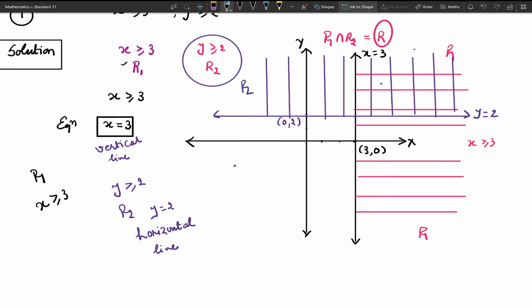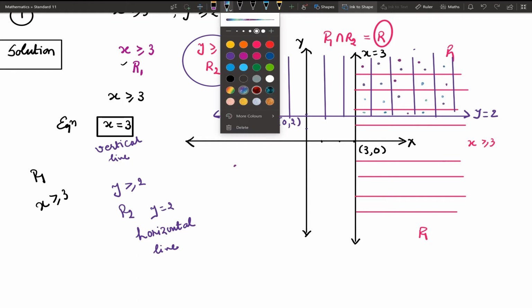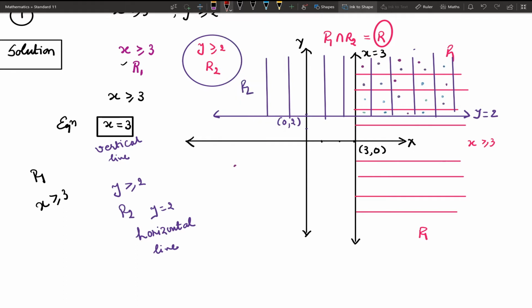This is the common portion, R1 intersection R2. So this is the region which represents R1 intersection R2.